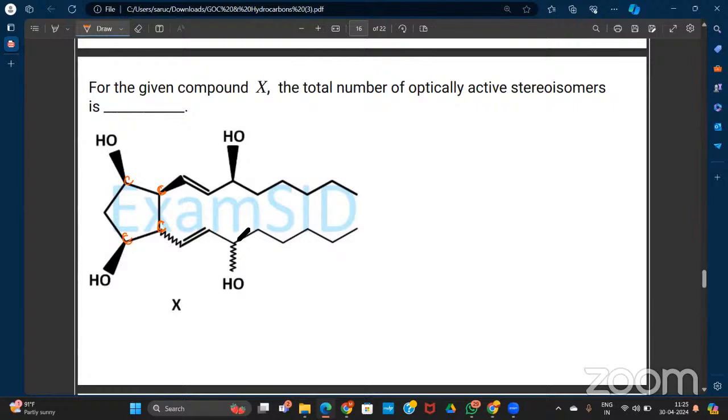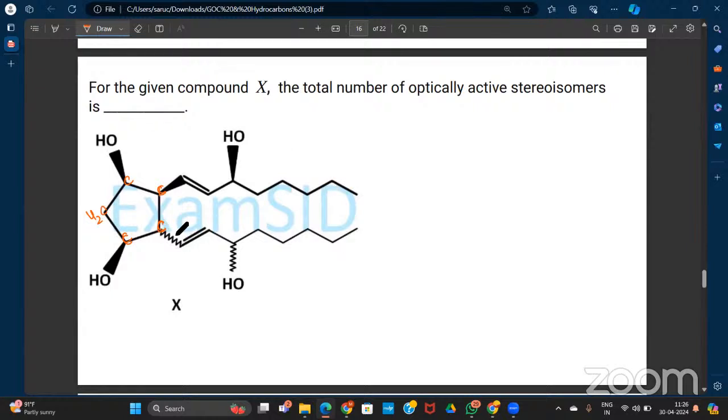How many chiral centers do you have? You have one chiral center over here, and this one is not a chiral center. While writing the cyclic compound, you should be very careful. You have CH2, C, and the whole group attached. You have to see the whole group attached. It is going to be the same, so here there will be no chiral center.